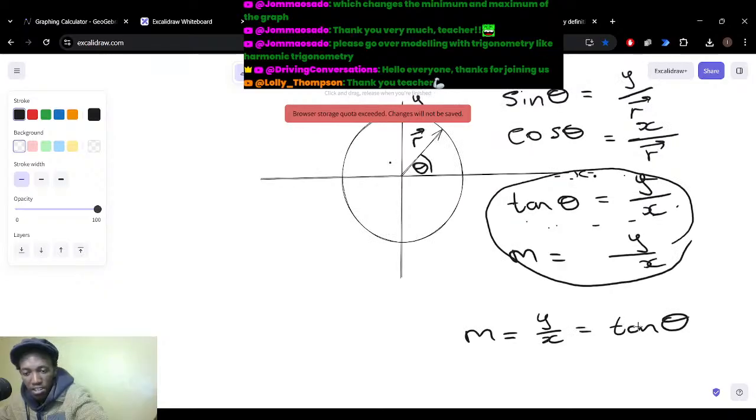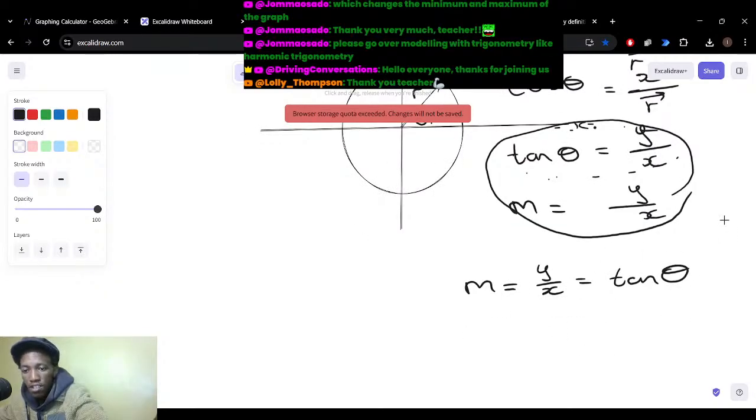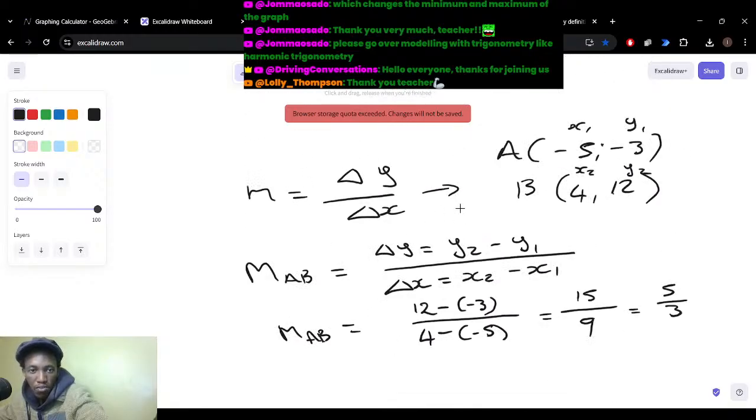So we can calculate the gradient using this formula other than using the first one.